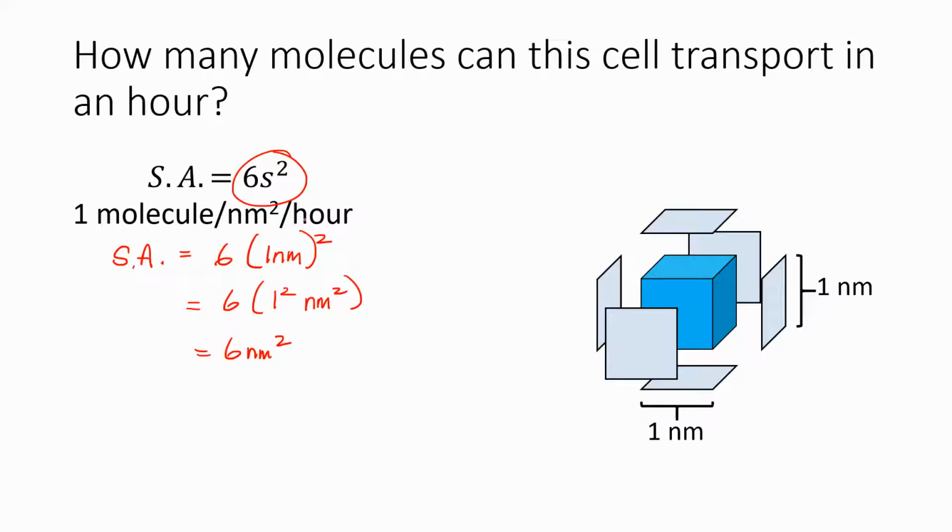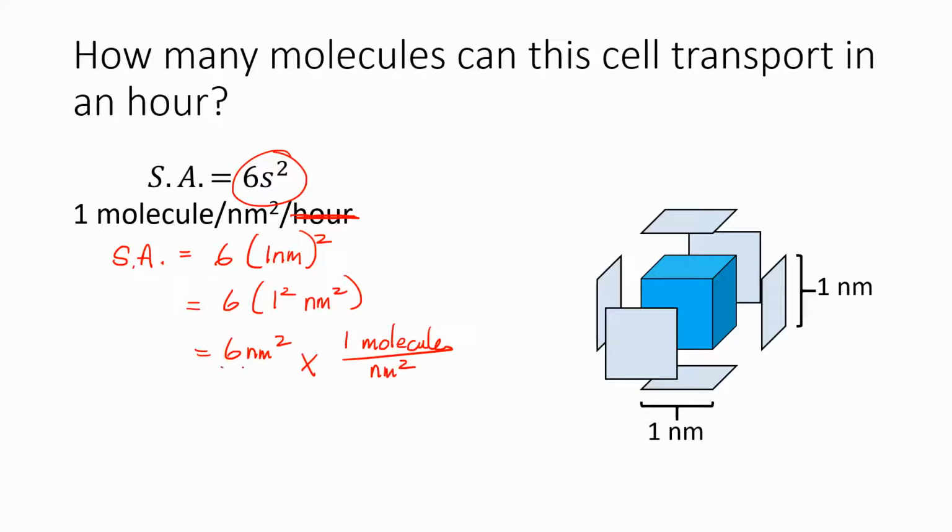Now, since we're calculating all this for an individual hour, I'm going to go ahead and take this off of our units just to make the math easier. So if we're trying to calculate how many molecules this cell can transport within an hour, we're going to multiply the surface area by this number: 1 molecule per nanometer squared.